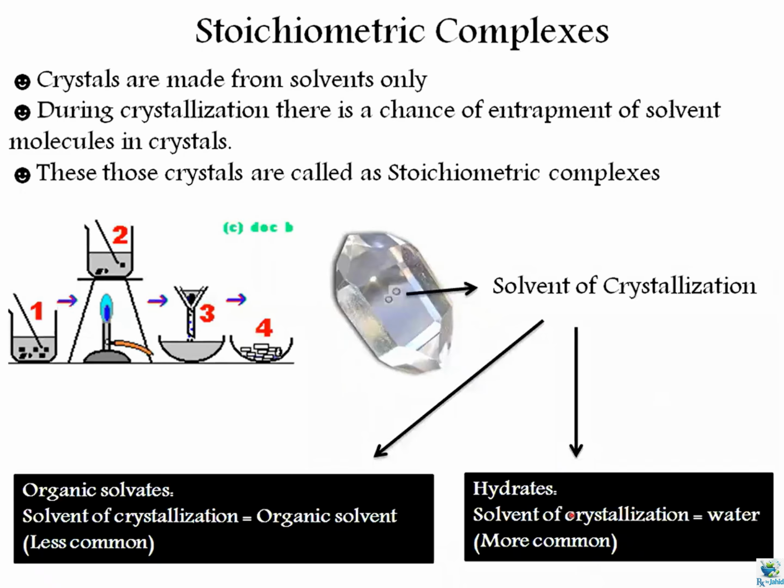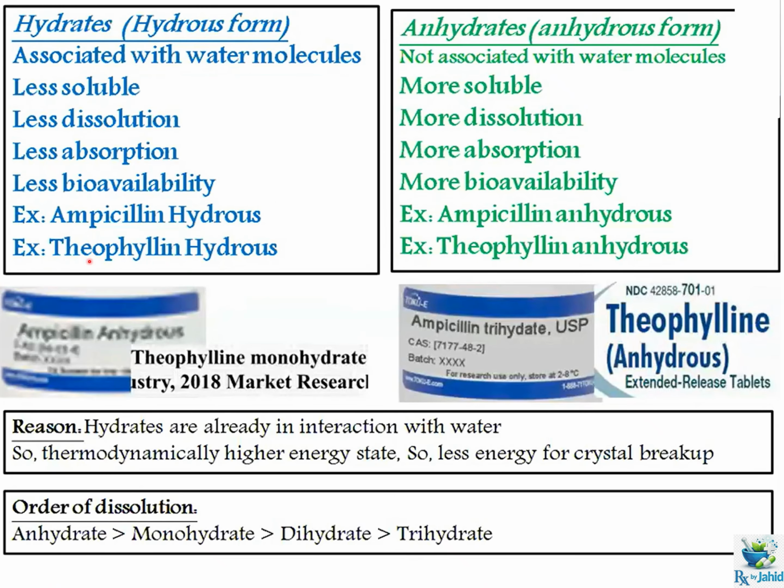Hydrates means water, and organic solvents are less common, but hydrates are more common. So a stoichiometric form can have hydrate or anhydrate form. Anhydrate means absence of water, okay, and hydrate means presence of water in the structure.